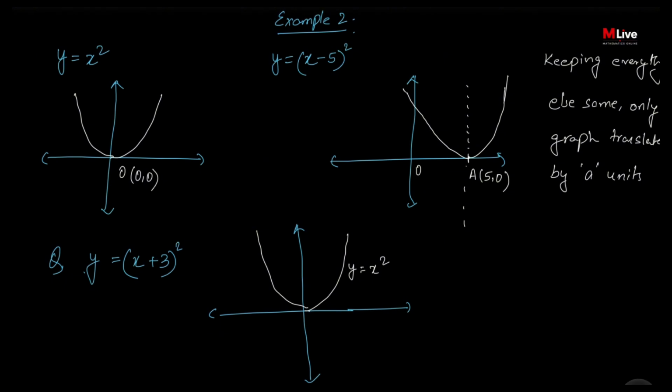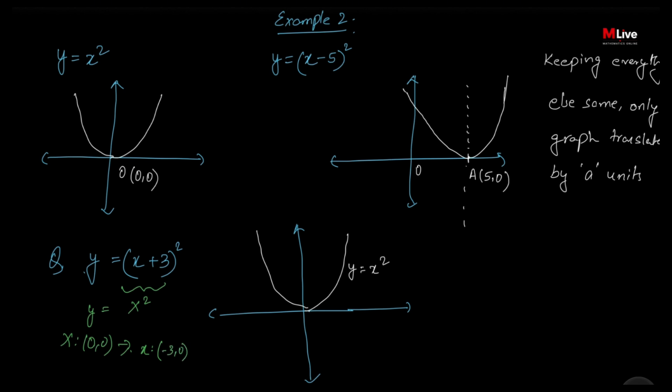And if we have to consider x plus 3 as capital X, then where will my origin shift to? My origin now shifts to minus 3 comma 0, because clearly x plus 3 is equal to 0 when x is minus 3.